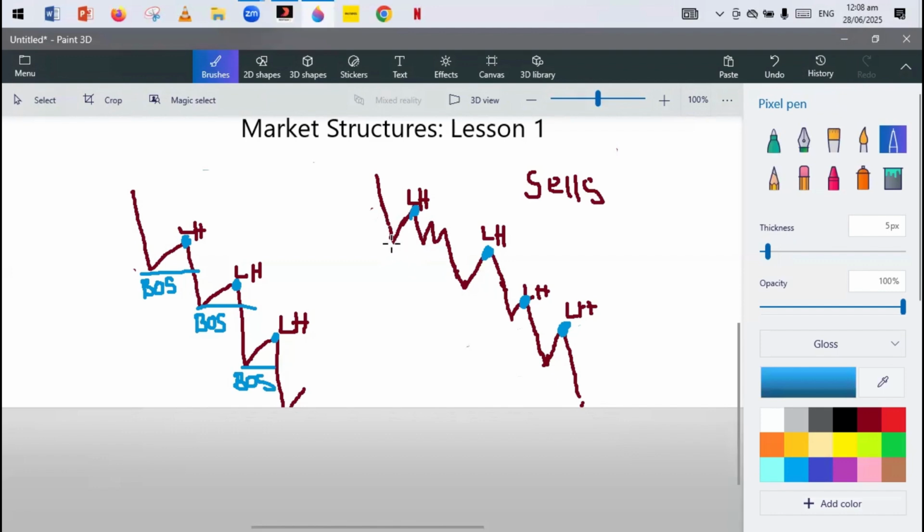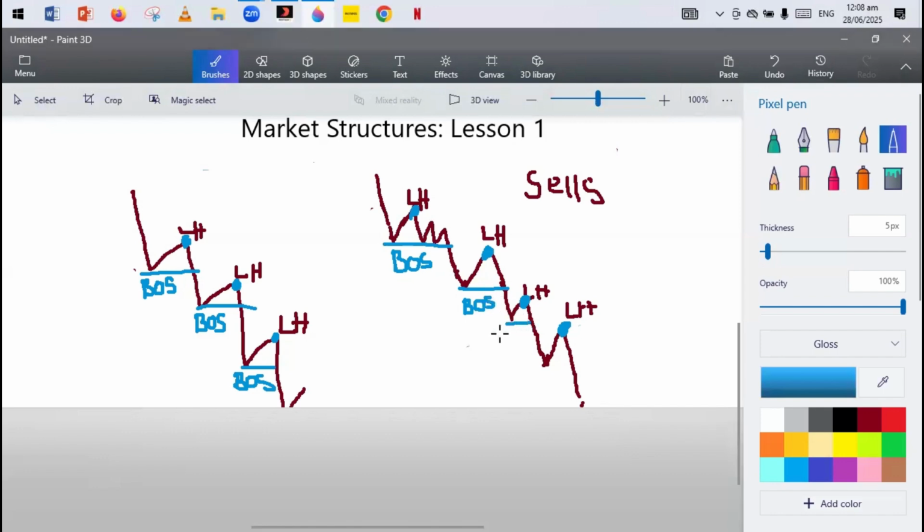Sometimes you'll have a lot of lows, like that is a low, that is a low, that is a low. So you always have to mark the latest low, the most recent low. That's the one you mark as your break of structure. Price is breaking a low, we mark that as our break of structure.